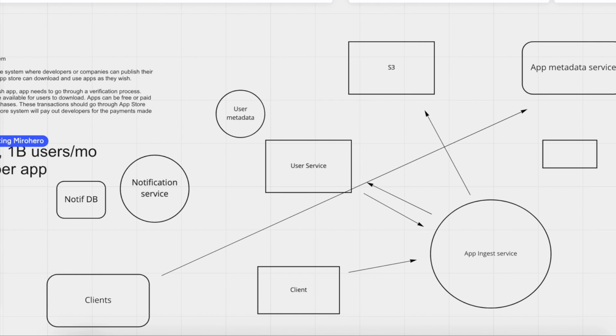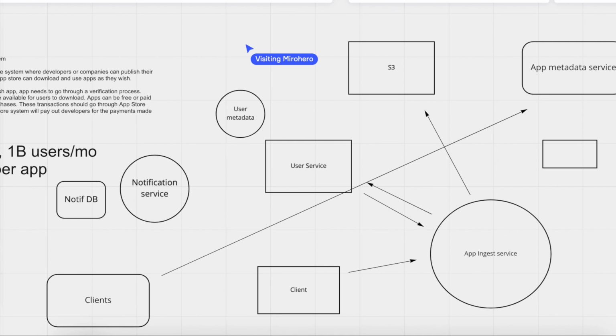So we have to complete that process first. The client would send a request to our payment microservice with the application ID, the user ID, and maybe some payment metadata, like the amount.